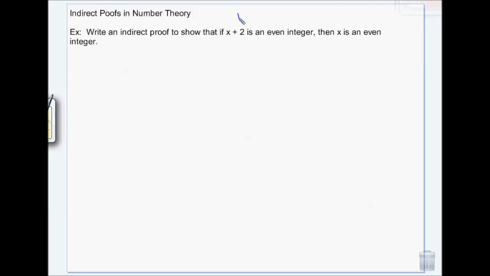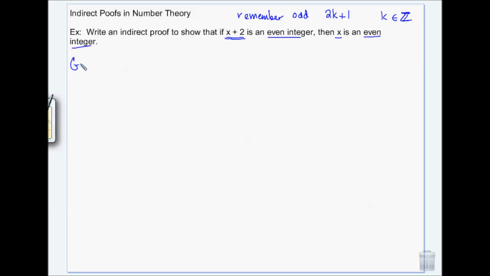First of all, do you guys remember that an odd number is of the form 2k plus 1? All right, so we're going to write an indirect proof to show that if x plus 2 is even, then x is even.